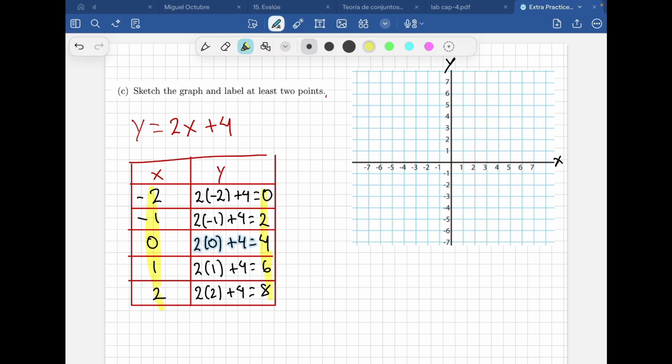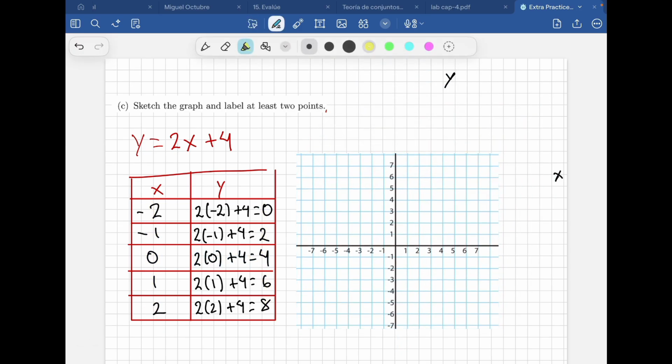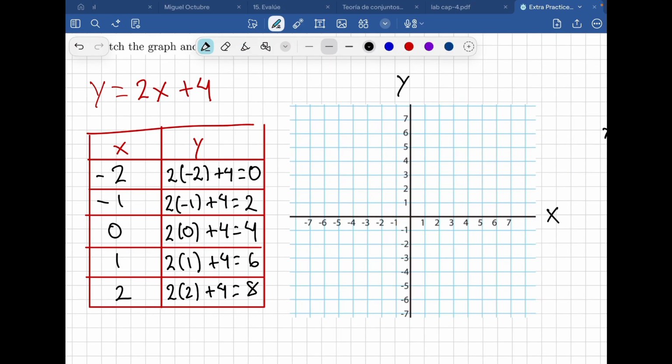Pay attention. We are going to identify these coordinates using this axis. When the x is -2, at this point, what is y? y is 0.